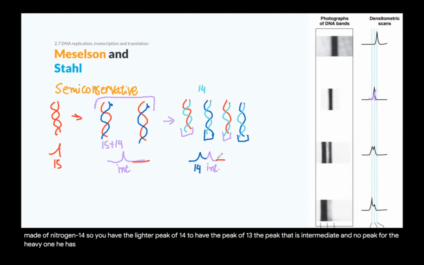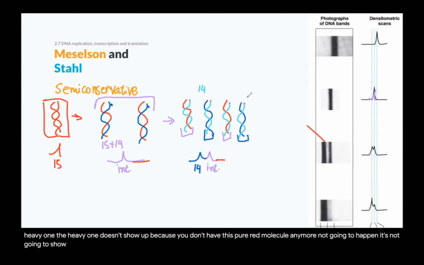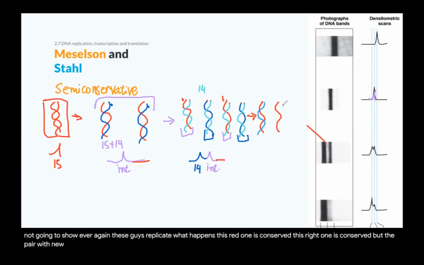The heavy one doesn't show up because you don't have this pure red molecule anymore. Not gonna happen. It's not going to show ever again. These guys replicate. What happens? This red one is conserved. This red one is conserved, but they pair with new strands and they are light.